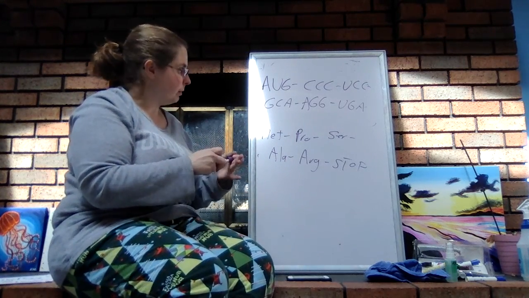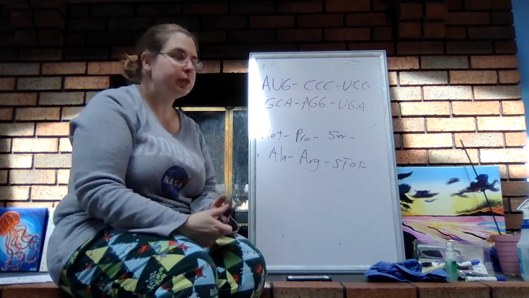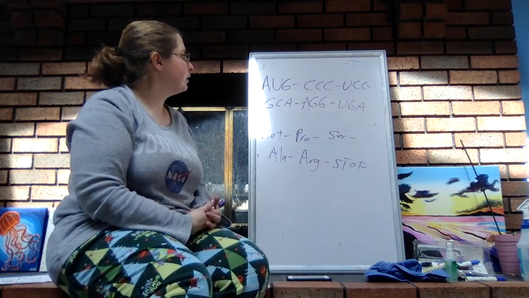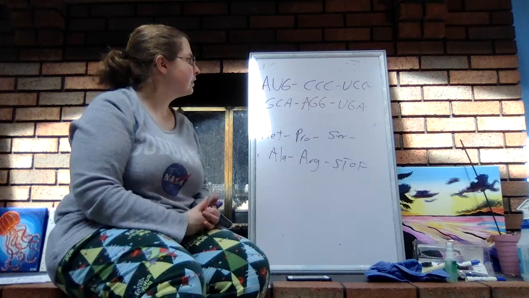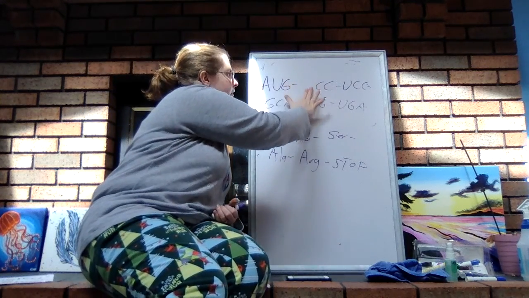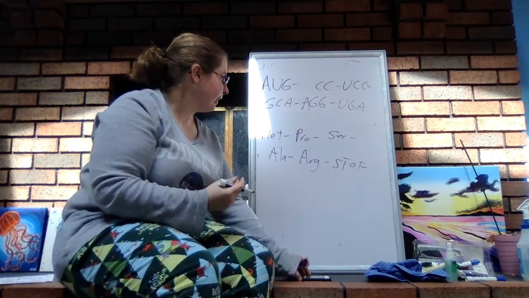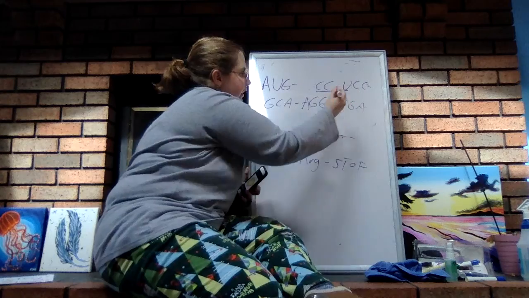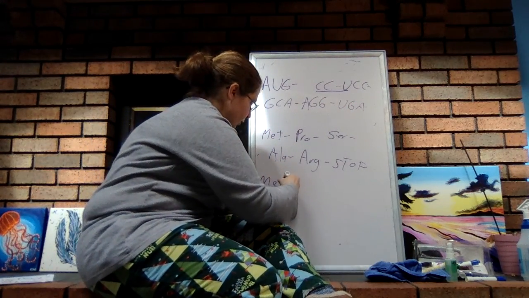In a frameshift mutation, again, you either add or subtract bases, so you gain or lose them. Let's say maybe we end up losing this first C. So now the next codon after methionine is going to be CCU, which is, luckily for us, still proline.